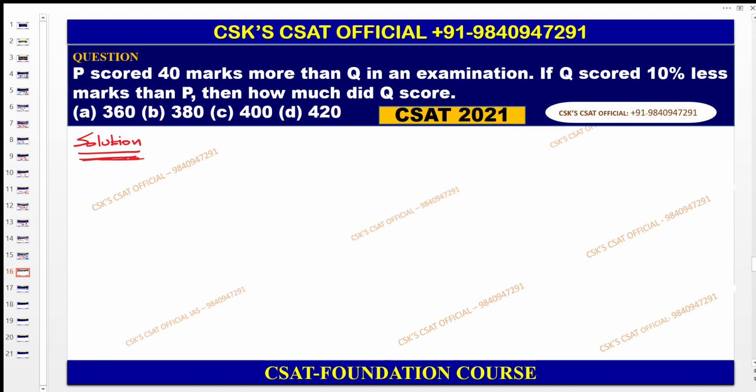Now listen. P scores 40 marks more than Q in an examination. If Q scored 10% less marks than P, how much mark did Q score? Simple.